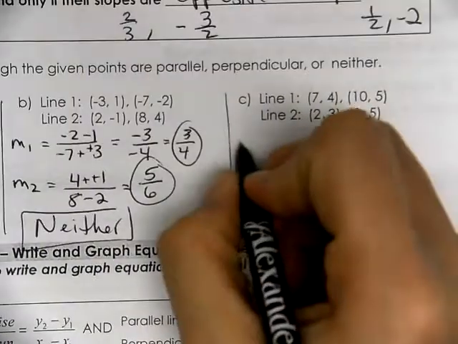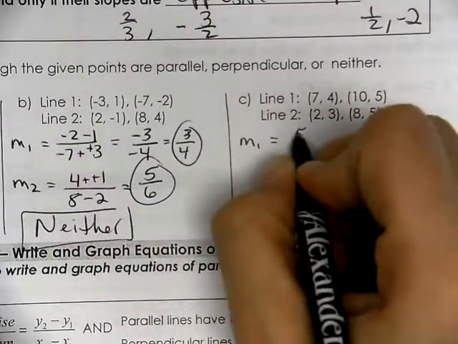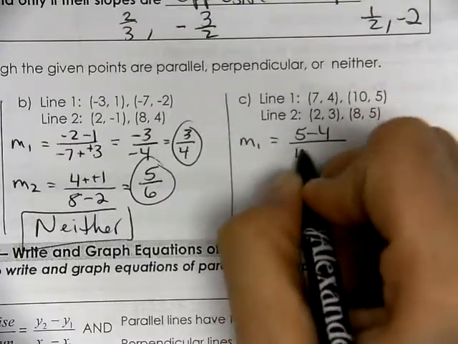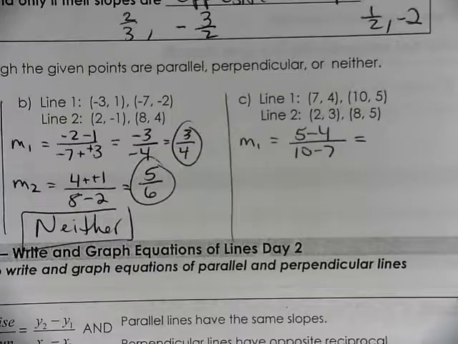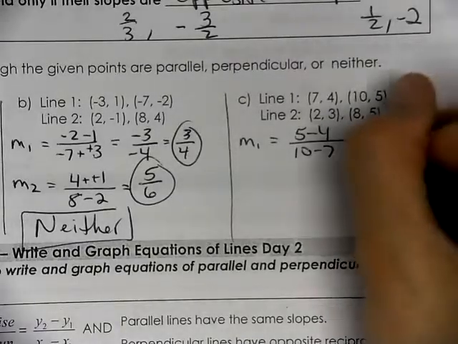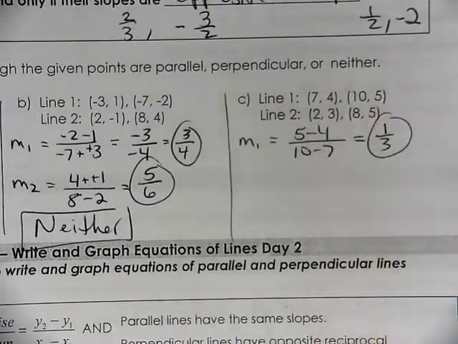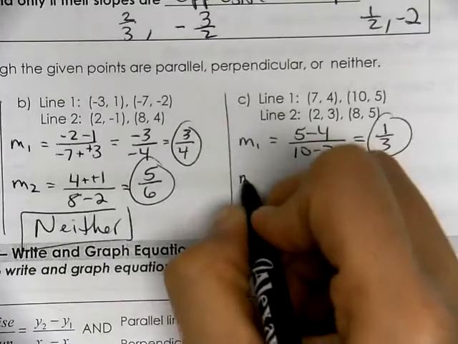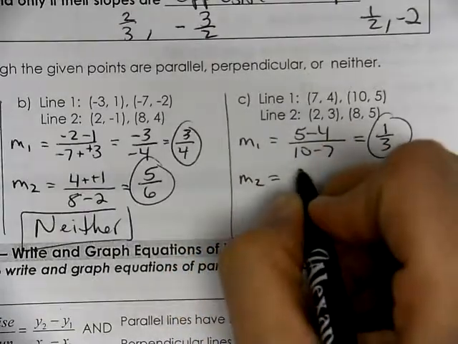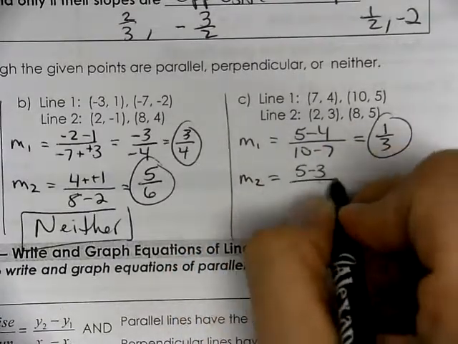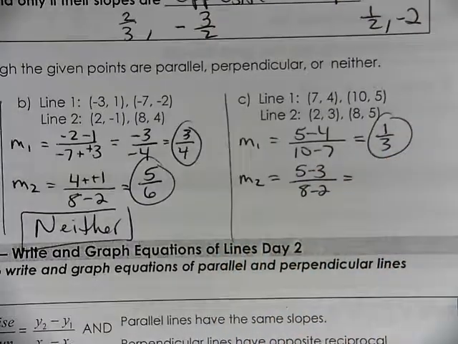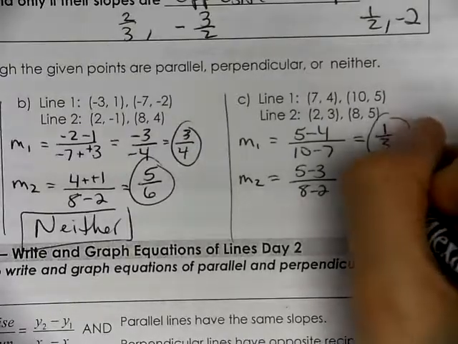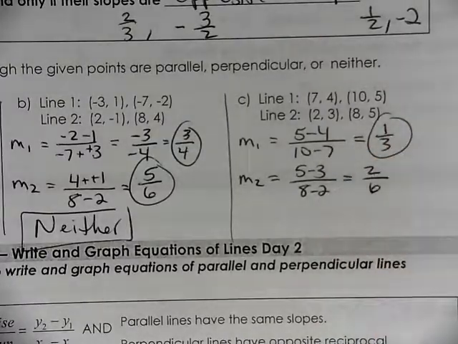And then the last one, 5 minus 4, 10 minus 7. One-third. And line 2, 5 minus 3, 8 minus 2. Two, 6.